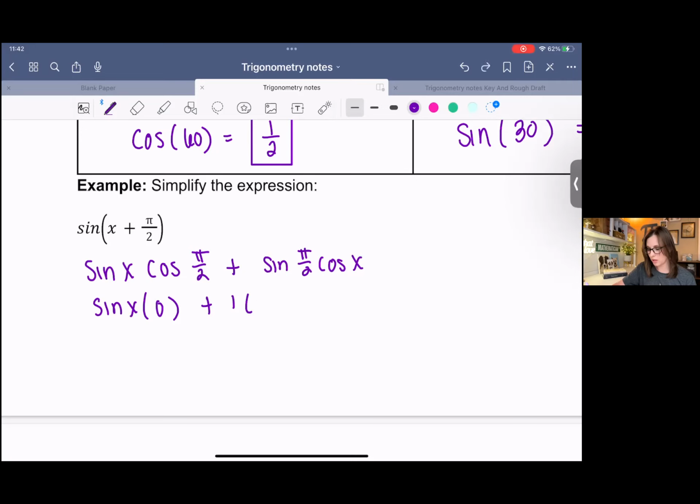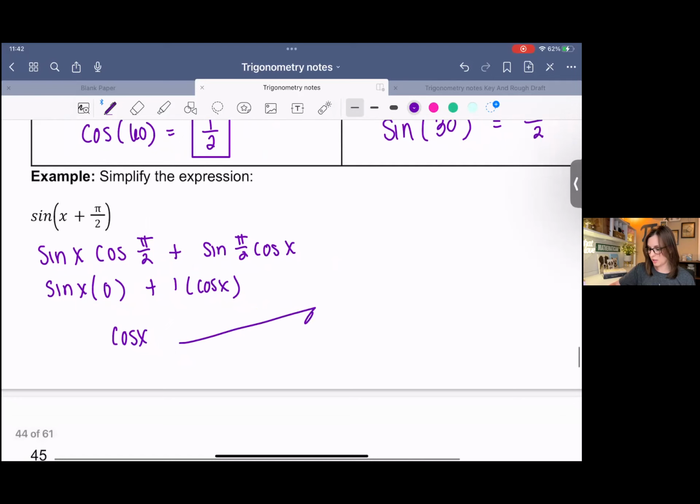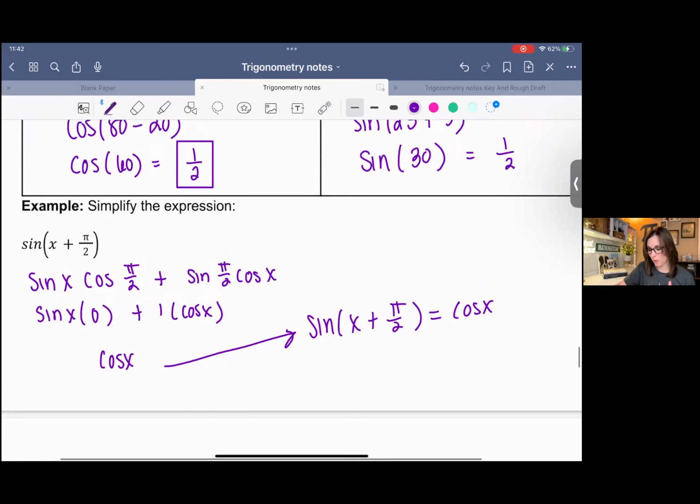Oops, I always do that. Cosine x. Sine x times 0 is just 0. And 1 times cosine x is cosine x. So we can say that sine of x plus pi over 2 is the same as cosine x. And pi over 2 is 90 degrees. So I have confirmed what we found up here.